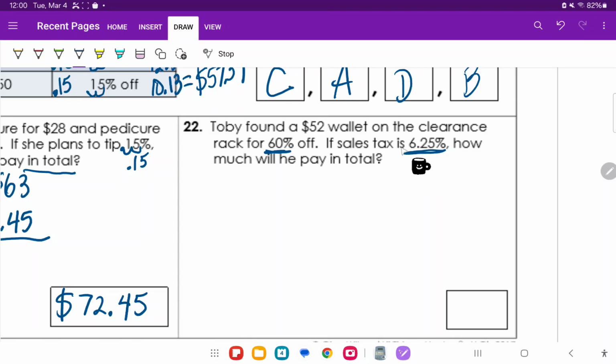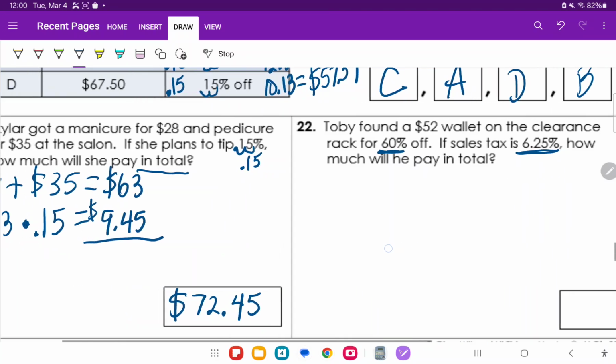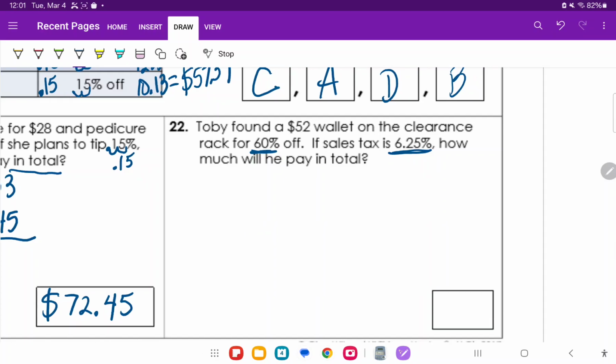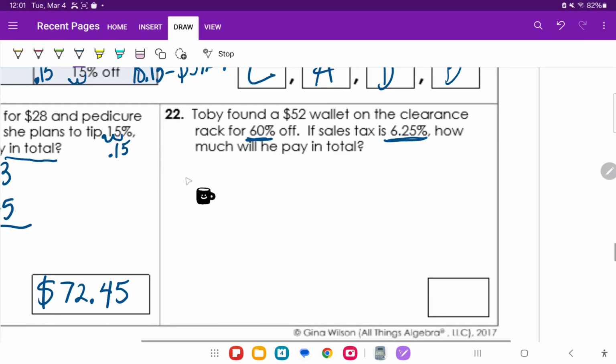So just kind of ignore that for a minute and let's just focus on the other, similar to what we did right here on 21. All right, so what we have to do is take our $52 wallet times 60% as a decimal. If we move this over 2 places, that is just 0.60.